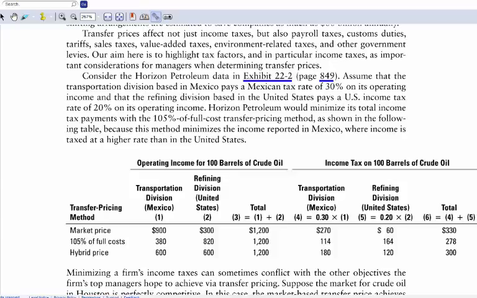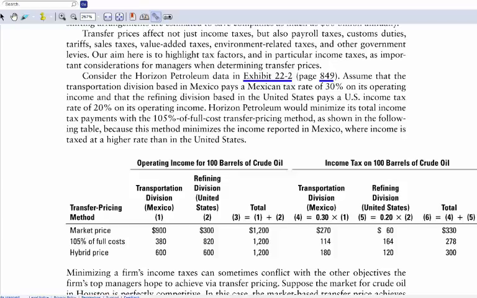Again, this is page 859 in the text. If we were to go back and pull up our data set that was on the prior pages that I also showed to you in that supplemental PowerPoint that I uploaded, if we were to go back and look at the operating incomes that resulted for the two individual subunits, we're going to plot those in this particular table, and we're going to calculate out what the tax would be on these scenarios.